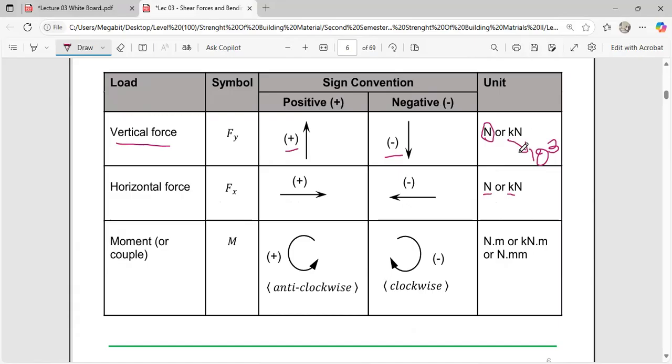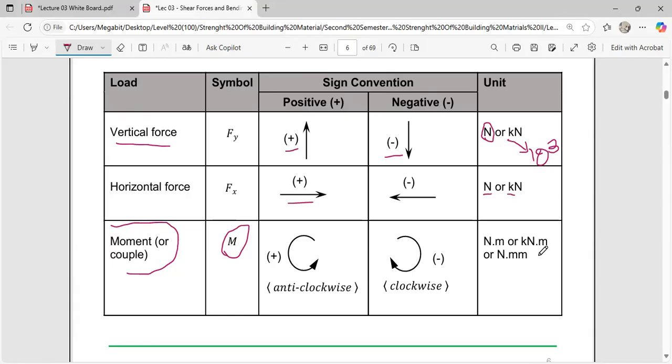So forces that are moving towards the left are negative, and the ones that are moving towards the right are positive. Let's elaborate a little bit on the moment. For the moment, they are always represented by M. Moment has a unit of newton meter, or sometimes may be written as kilonewton meter.